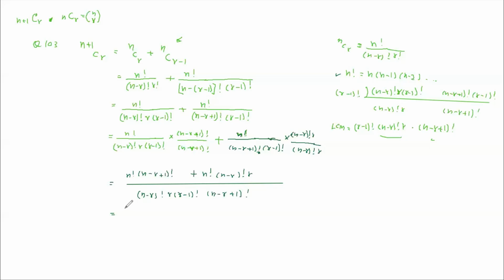So I keep n factorial, because we have n factorial, we can take the common factor. So this one is an n, right? The whole thing is an n. Don't forget, the whole thing is an n. Use this formula, so it becomes n minus r plus 1.